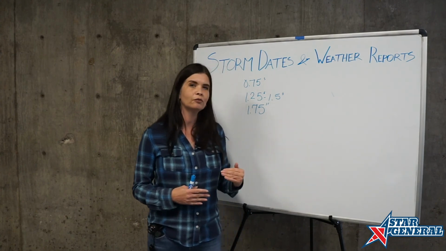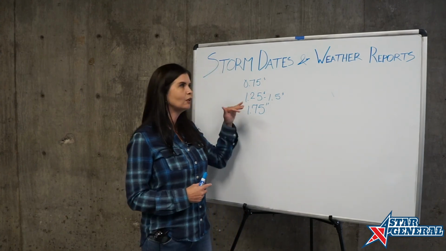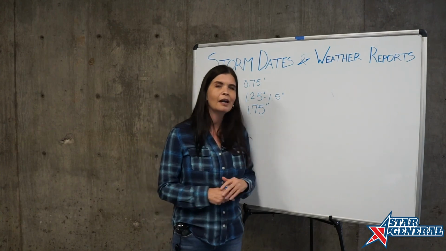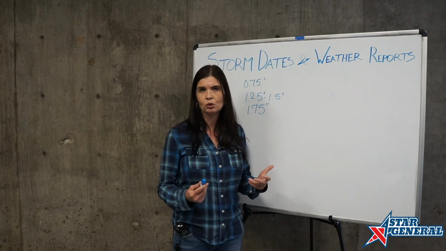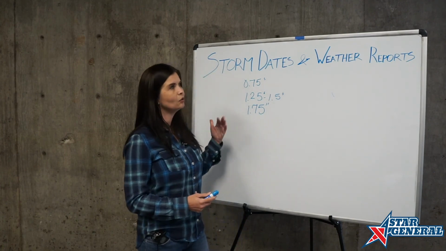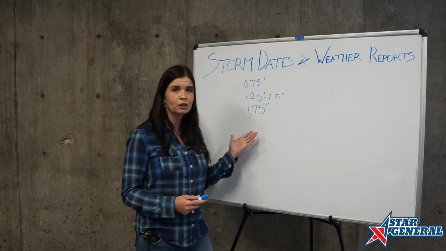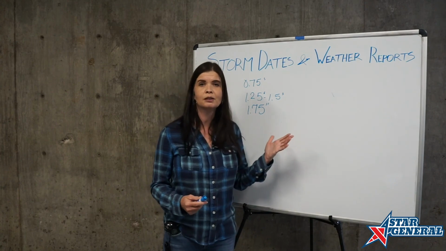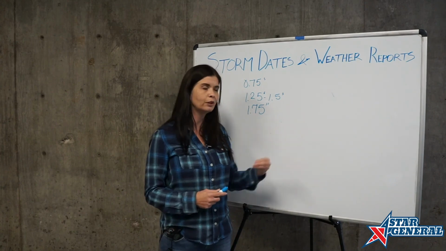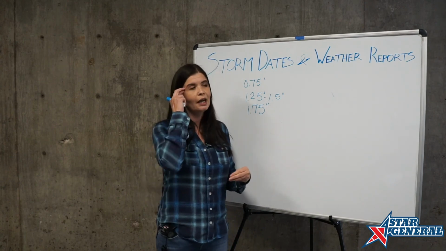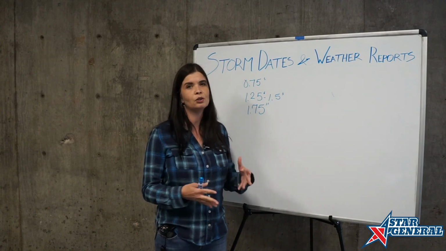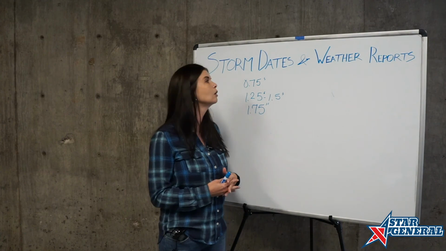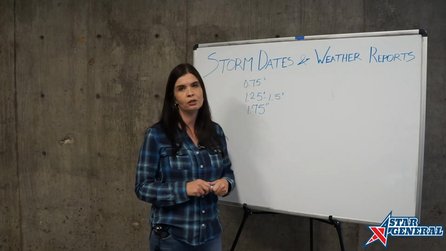We don't pull them on every roof, but if you've got some gray area as to which storm date you think you might need to use, or you think you might run into difficulty with the insurance carrier, you don't want any surprises, talk with Jonathan. He can pull the other 2 storm reports and go ahead and have that in your arsenal so that you can be prepared and use that to make the best judgment call on which storm date you choose.